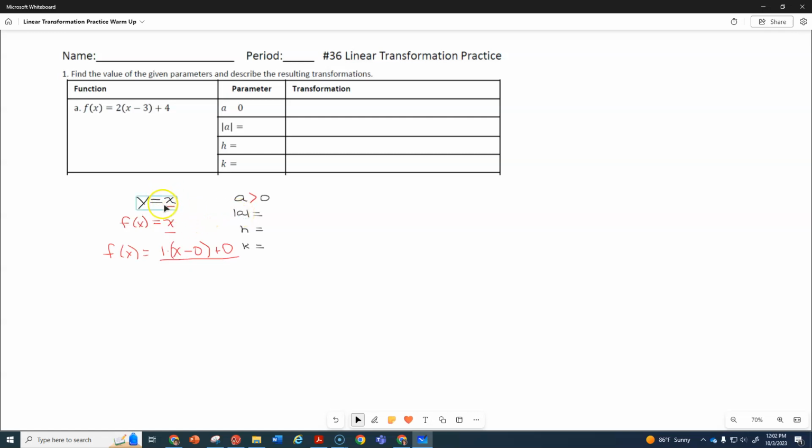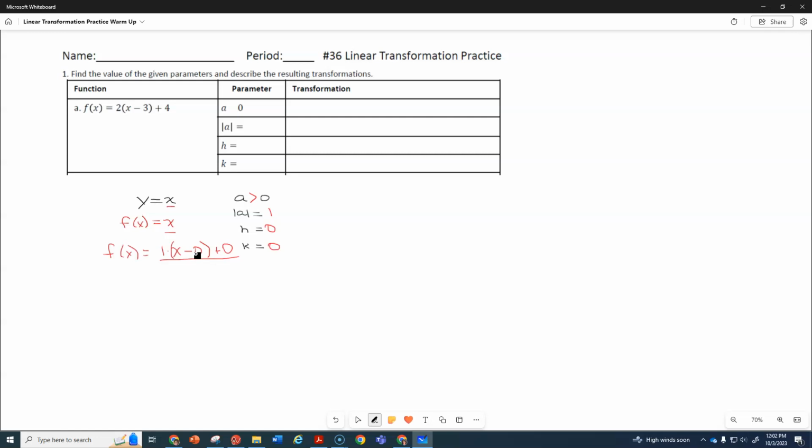And again, the number in front of the x is, if we don't see a number there, the a is 1. And then the number that's being subtracted from the x, added or subtracted from the x, in this case, it is 0, and so is the k. The k is 0.